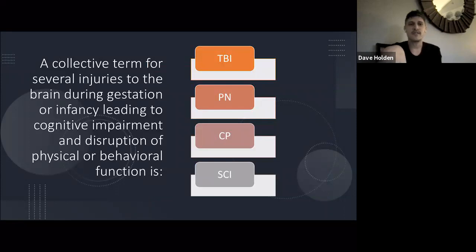The collective term for several injuries to the brain during gestation or infancy, leading to cognitive impairment and disruption of physical or behavioral function. Traumatic brain injury, peripheral neuropathy, cerebral palsy?